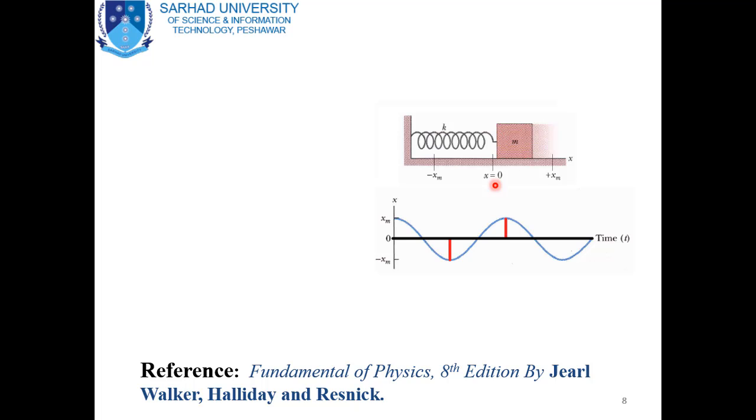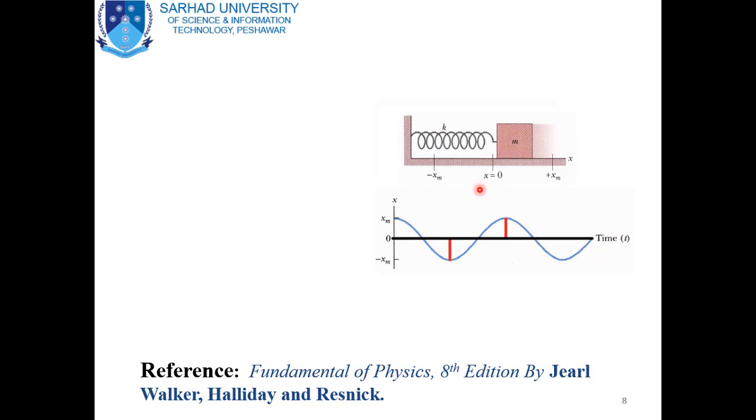And when force is applied on this object to move it to the right of the mean position, the restoring force will react instantaneously. After attaining the maximum displacement, which is xm, the restoring force will tend to move the object to the mean position.